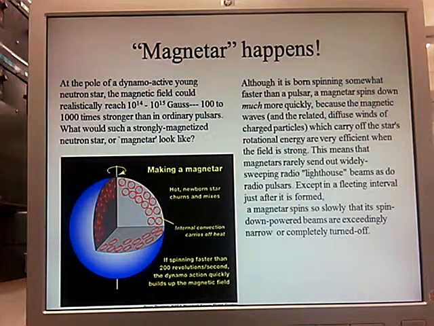So these guys actually spin down much faster than pulsars. That'll be one interesting point. On the other hand, their lighthouse beams are going to be much, much stronger and much more highly concentrated. Why is that?